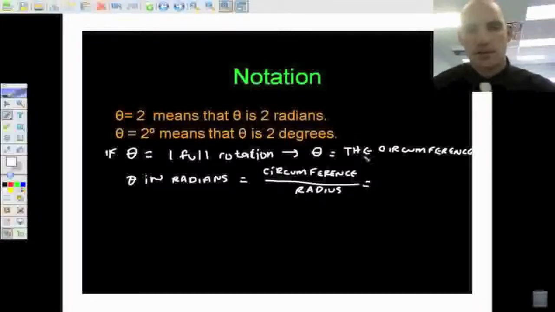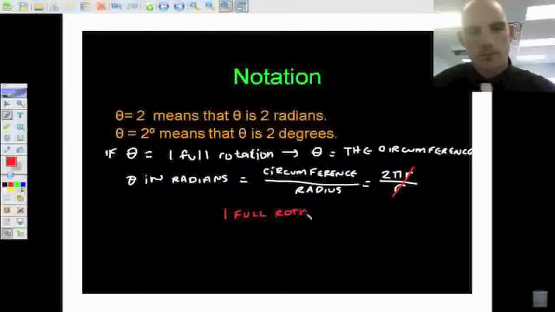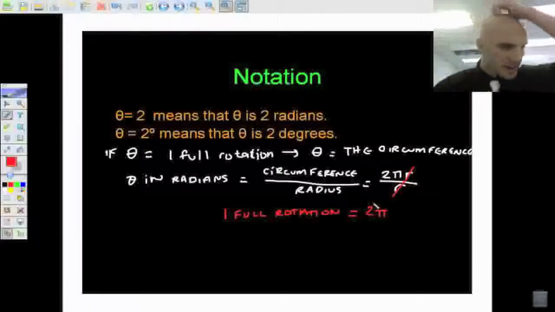Well, that's going to be equal to 2 pi r, which is circumference, over the radius. If these cancel out, then really I'm going to have 1 full rotation equal to 2 pi. That's how this works.